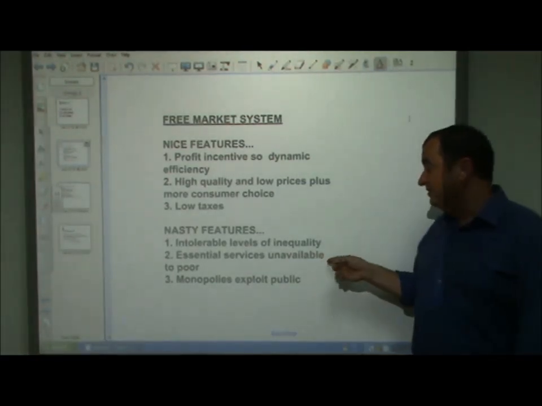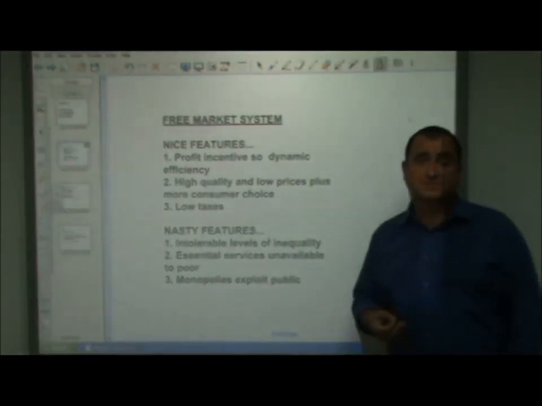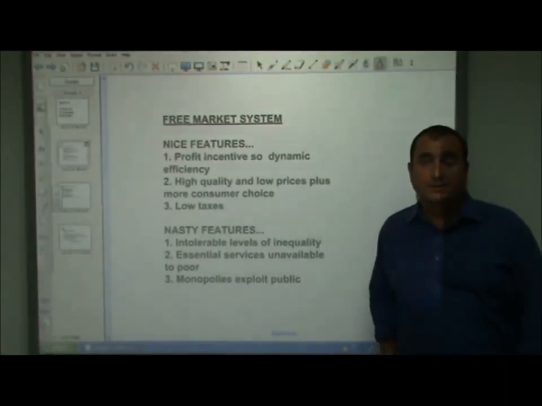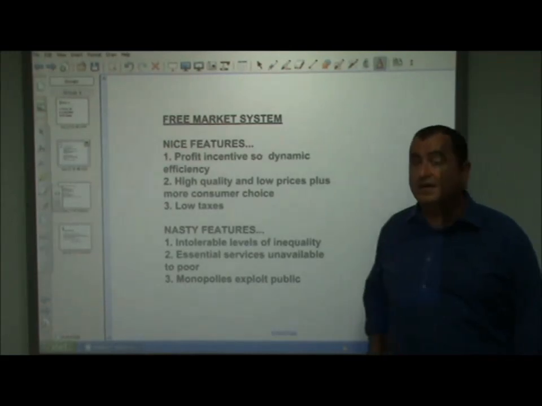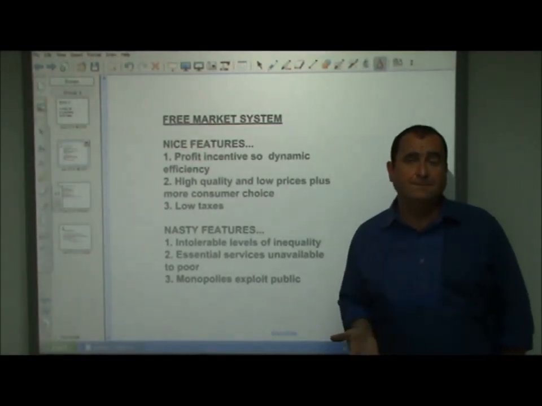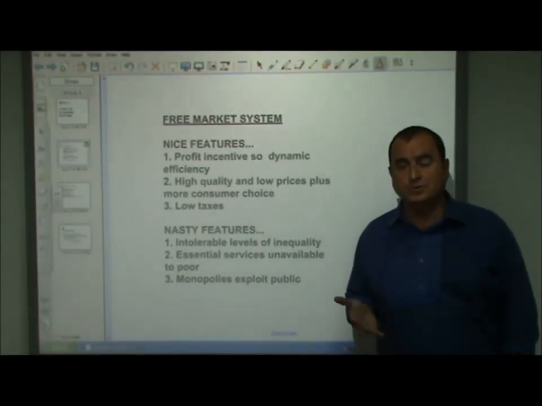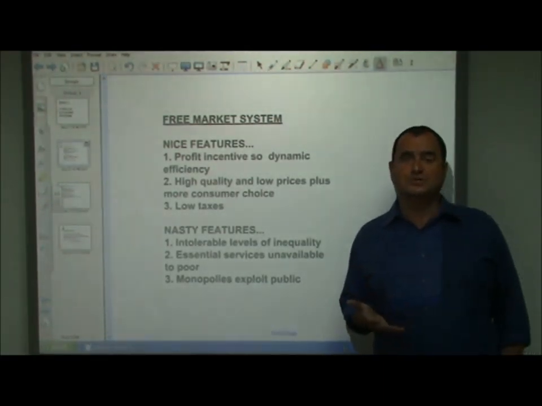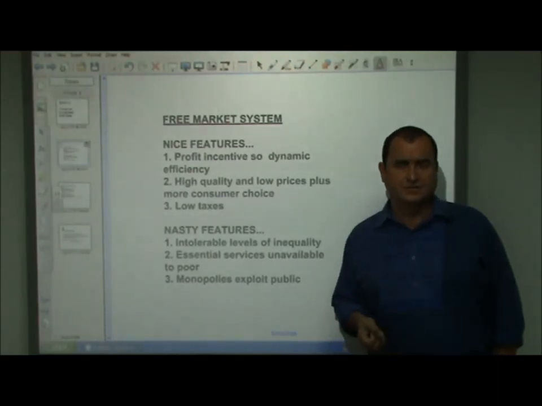Essential services, specifically education and healthcare, would be unavailable to the poor because it would be a good that has to be paid for, and there would be those who could not afford to pay for private education and private healthcare, and there would be those who would choose not to pay for private education.